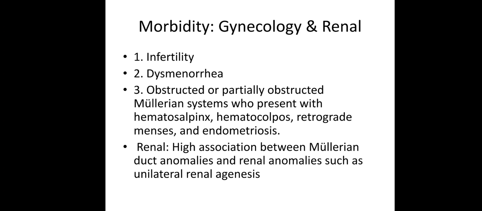When you talk about dysmenorrhea, it will be cyclical dysmenorrhea. How they present depends on where the obstruction is and whether it is partial or complete. So they can come with hematosalpinx, that is blood collected in the tube, or hematocolpos, that is blood collected in the vagina. Hematometra is when there is blood collected in the uterus. That will be the last stage because the uterus is a more muscular organ.